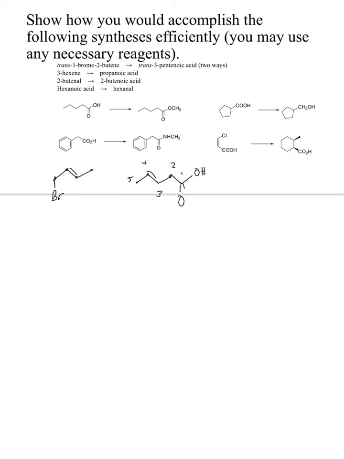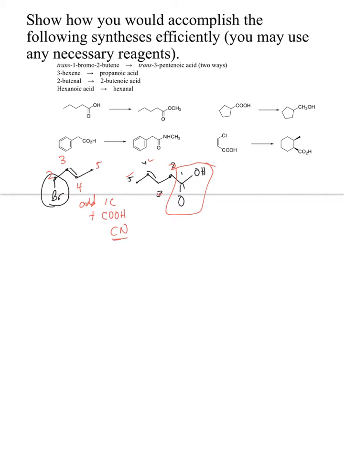Okay, so you have to look at what you are doing. You'll want to turn this into a carboxylic acid here. So this could be your 5, 4, 3, 5, 4, 3, 2. So you need to add 1 carbon and a carboxylic acid. So you're adding 1 carbon plus a carboxylic acid. And so you can do this with a nitrile.